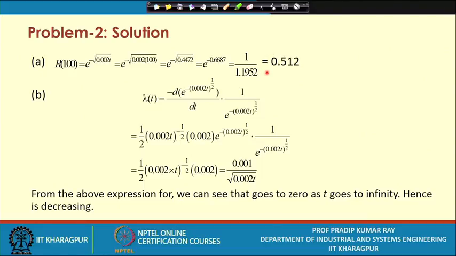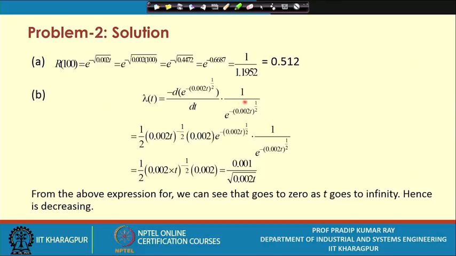from the reliability perspective. What is lambda t? First you calculate lambda t. d/dt of R, that means it is root over 0.002 t. That's why it is written as minus 0.002 t to the power half. And lambda t is essentially f(t) by R(t).